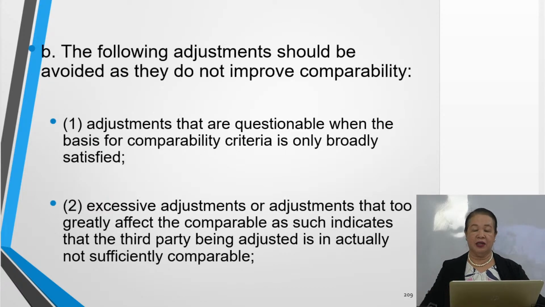Yung Amazon case, panalo dyan ang Amazon because yung definition ng intangibles, kung ano yung mga included in the term intangibles, ang sabi ng tax authority, all-encompassing ng IRS, no? Na marami siyang sinama doon sa salitang intangibles. Pero sa Amazon, konti lang yung kanyang isinama. Kaya yung valuation maliit lang, no? Unlike sa valuation ng IRS na sobrang laki. So, nung dinala nila sa korte, hindi nanalo yung IRS. Ang nanalo ang Amazon, no?